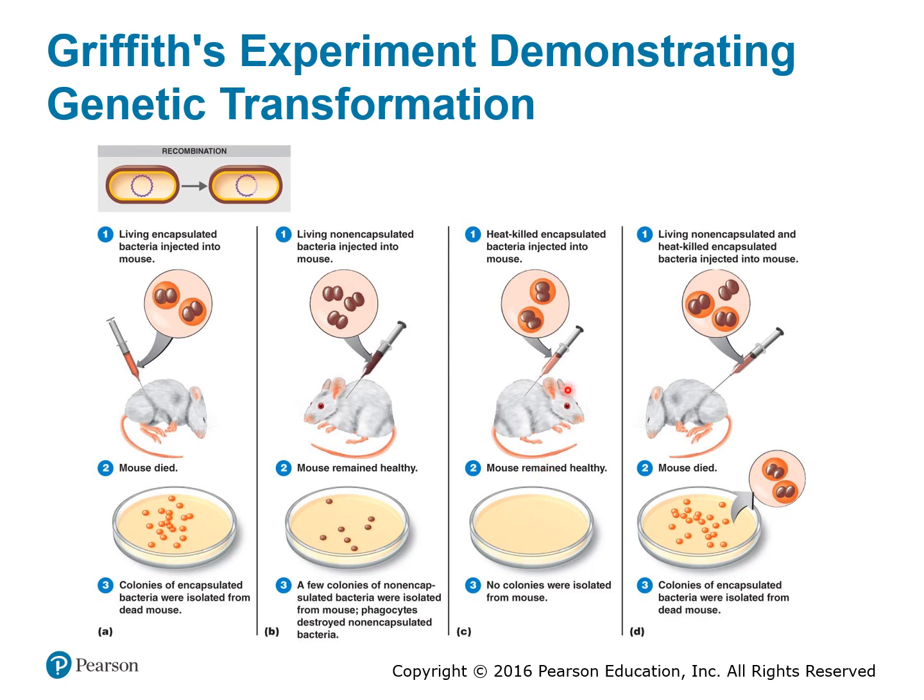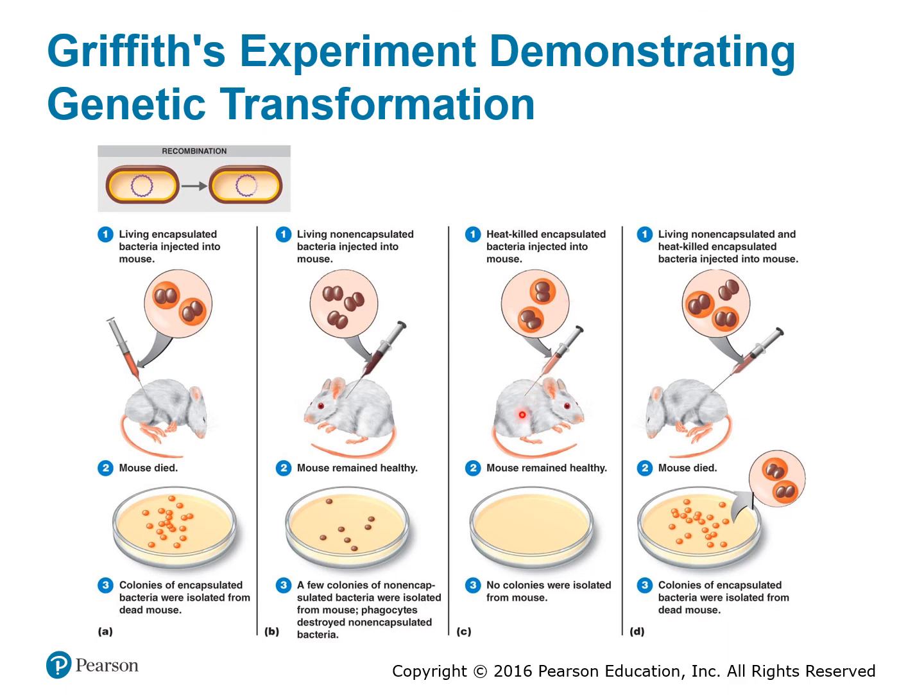Then the third step, they got another mouse, a third one, and this time they injected this healthy mouse with heat-killed encapsulated bacteria. Those were bacteria that did have a capsule, but they heated them up, and the heat killed them.